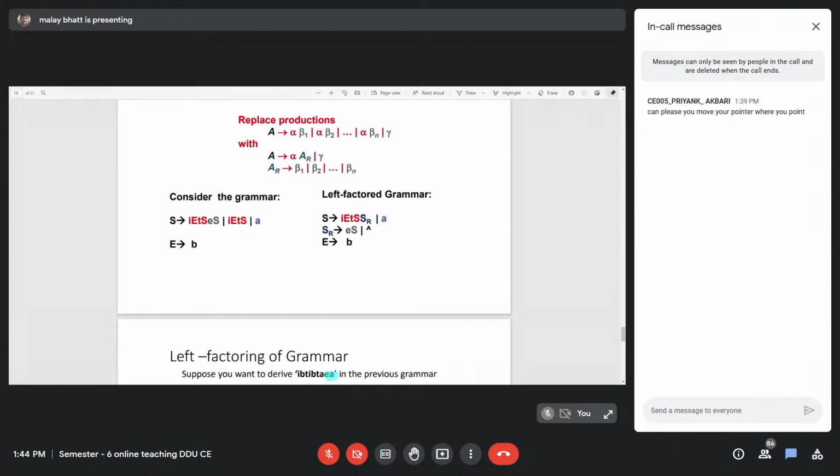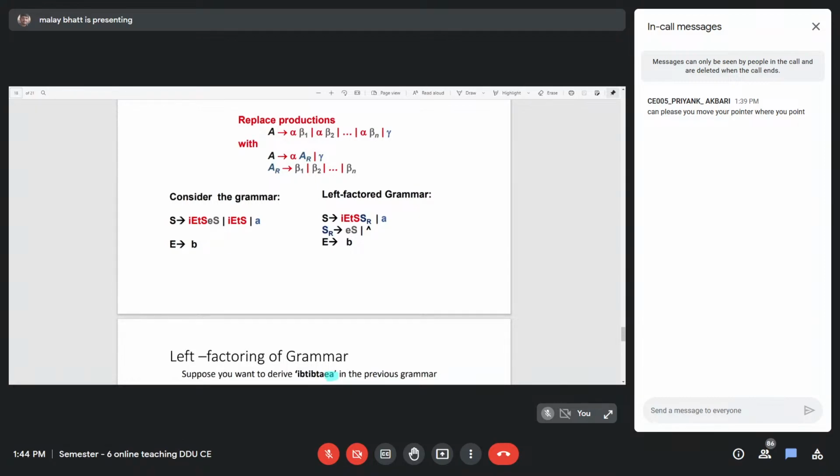Beta 1 is ES, then we have beta 2, which is null, and gamma is A. So S gives A, we'll write as it is, no change.